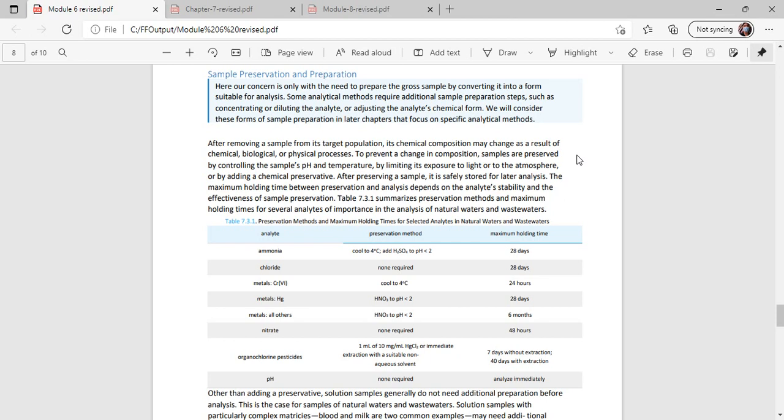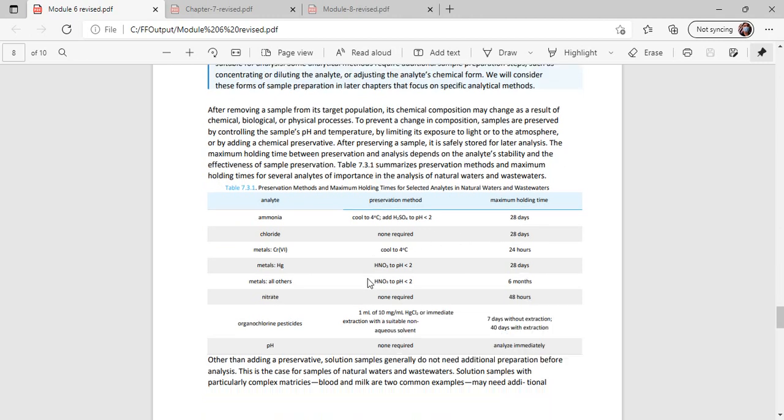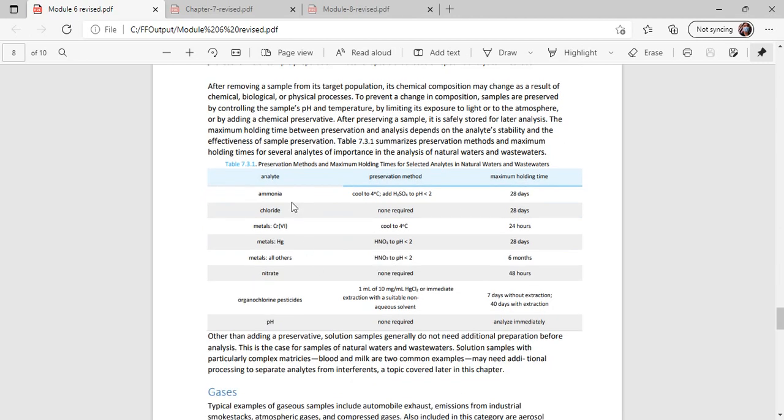The maximum holding time between sa itong mga preserved nga mga sample and also analysis depends on the analyte kag iya nga stability and also sa effectiveness sang aton nga sample preservation. You have here the table below, the summary of preservation method and also iya nga maximum holding time for several analytes of importance in the analysis of natural waters and wastewater.